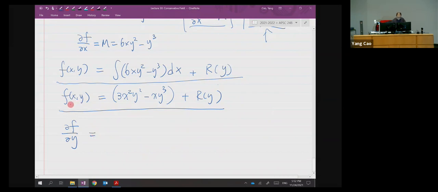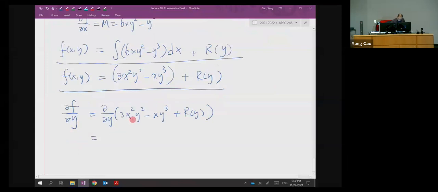Now we have the expression for f already, so I can calculate its partial derivative. You calculate the partial derivative of each term of the result obtained from the previous step, and you end up with 6x squared y minus 3x y squared, plus the last term.